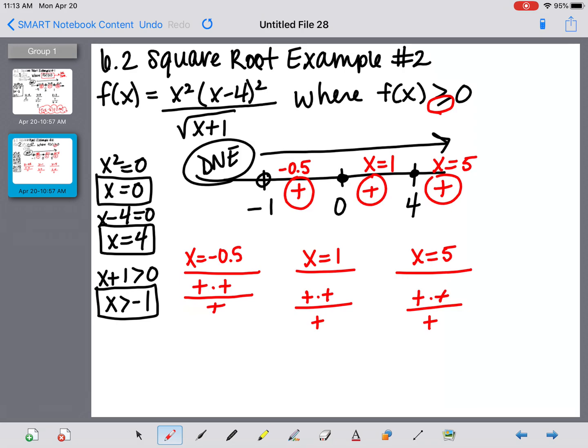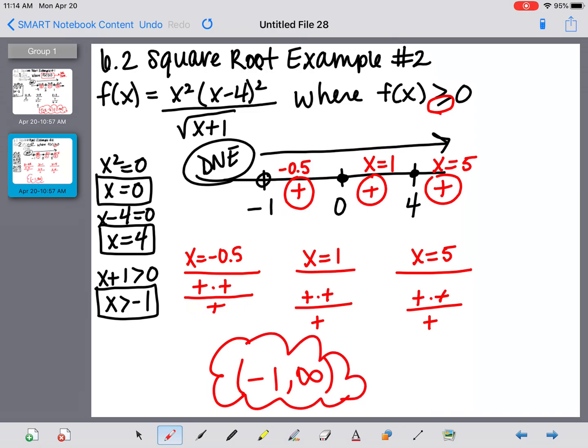We don't have to stop for those because we're including positive numbers and we're including 0 values. So from -1 to infinity, we are either a positive or a 0 value, and that is our final answer.